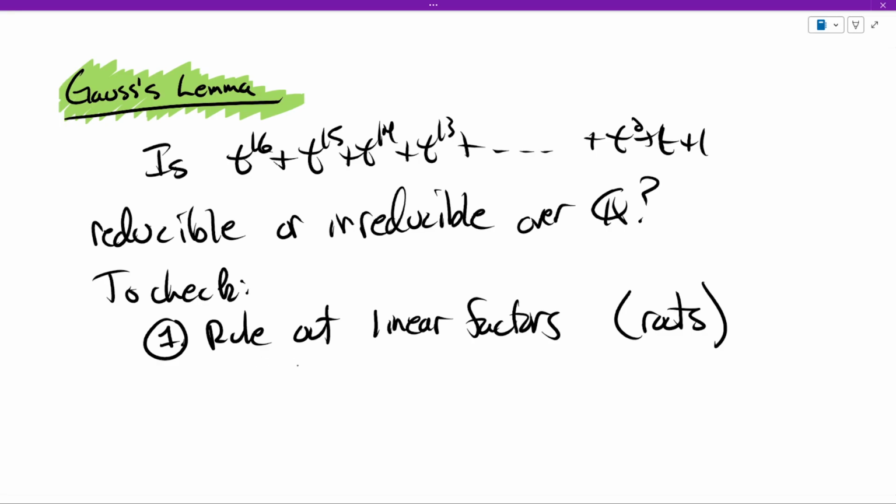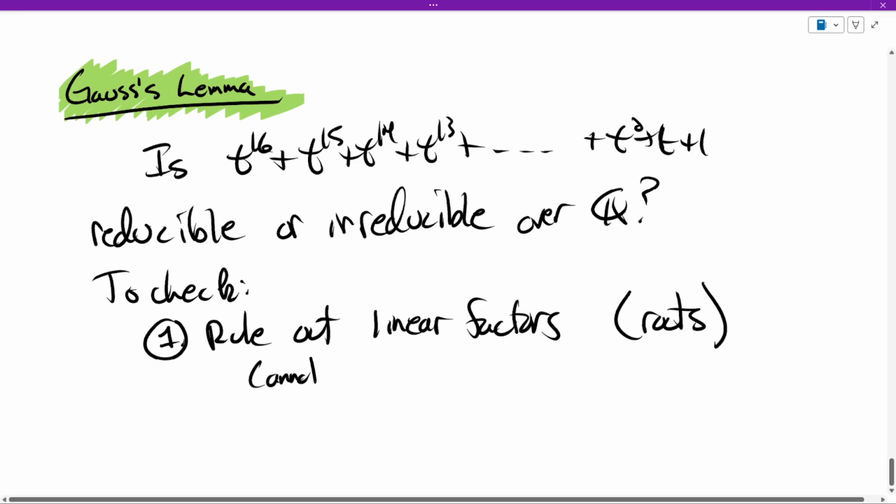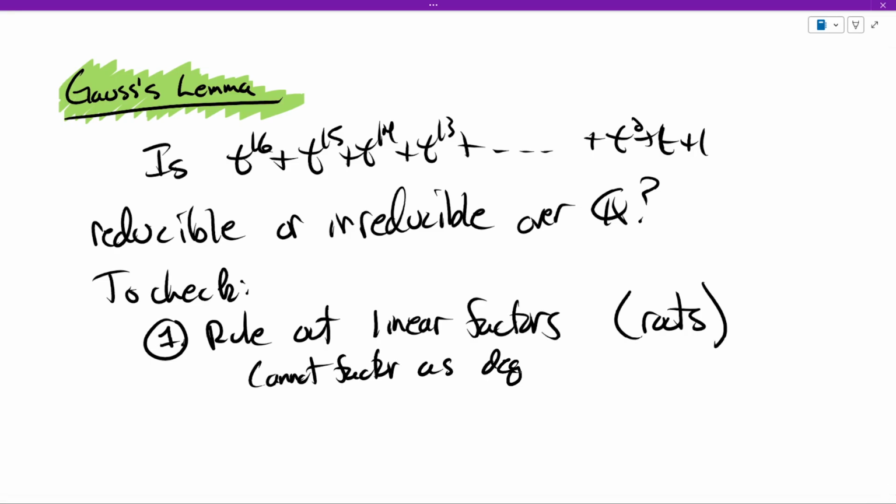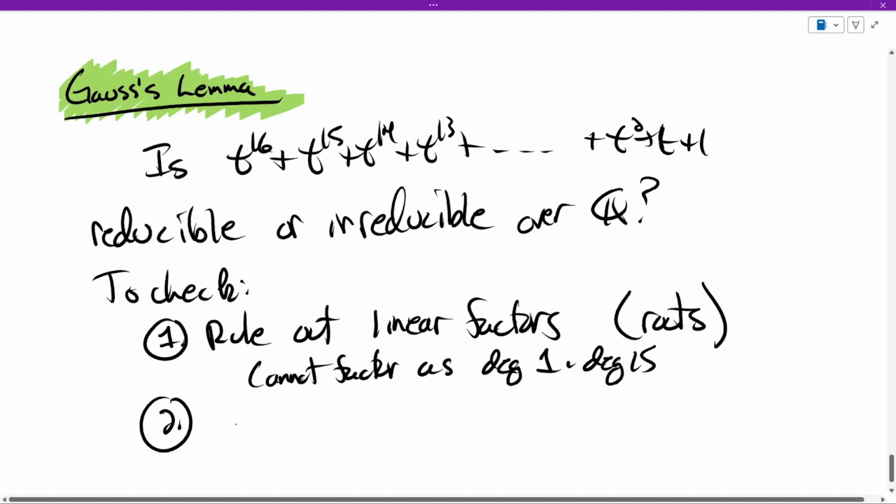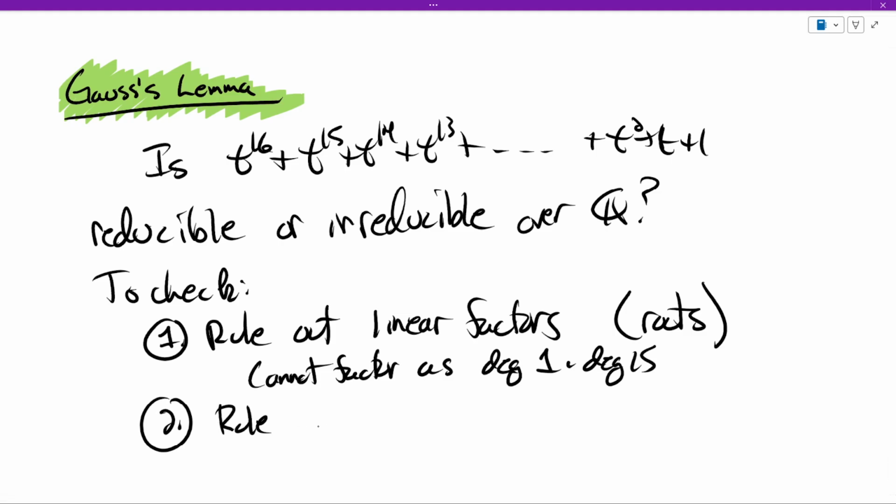So this would say it cannot factor as degree 1 times degree 15. But it could factor as degree 2 times degree 14. So then you'd have to rule out quadratic factors. So what would you do?